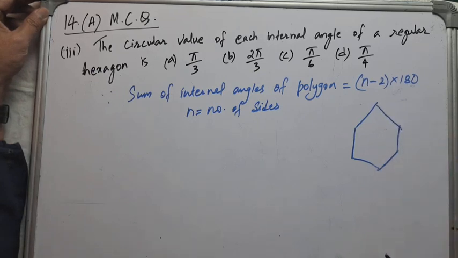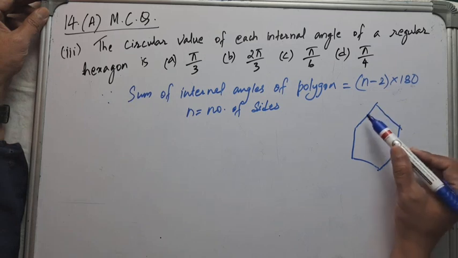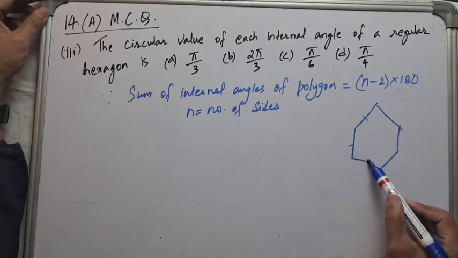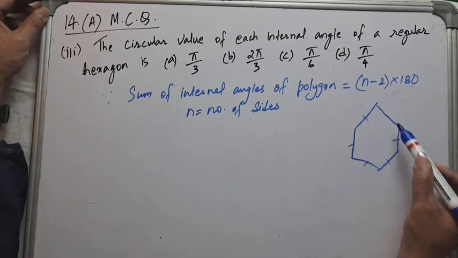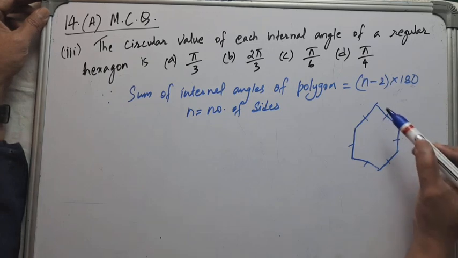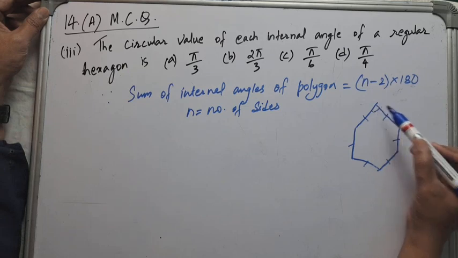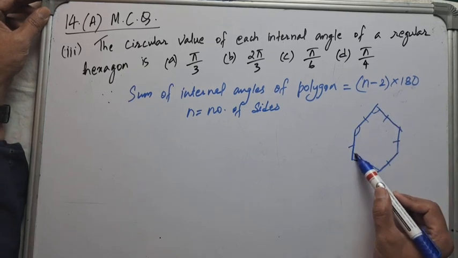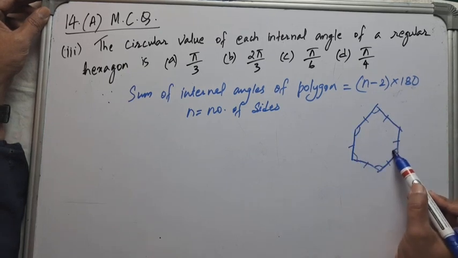So this is a polygon having 6 sides called a hexagon, a 6-sided polygon, isn't it? So the internal angle is this angle, this angle, this angle, this angle, this angle and this angle.